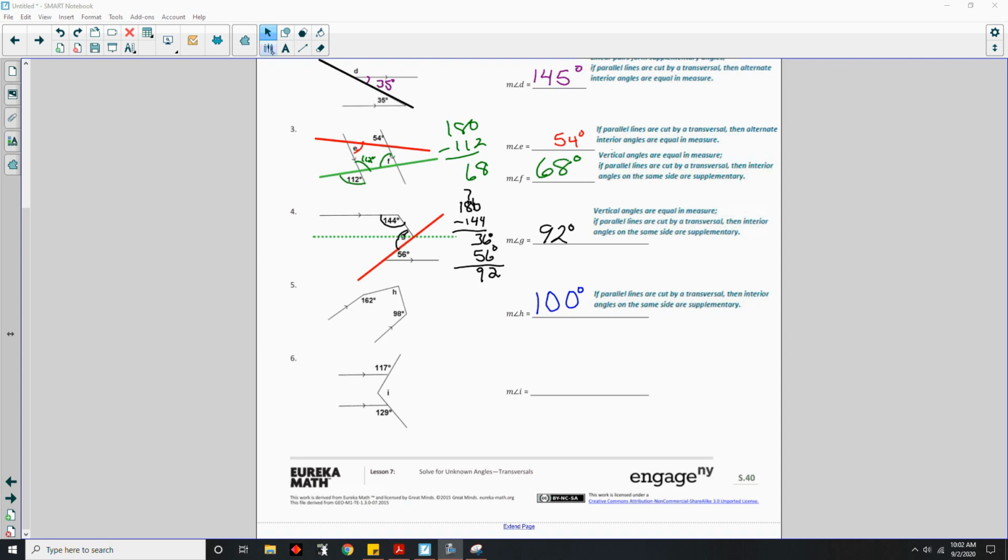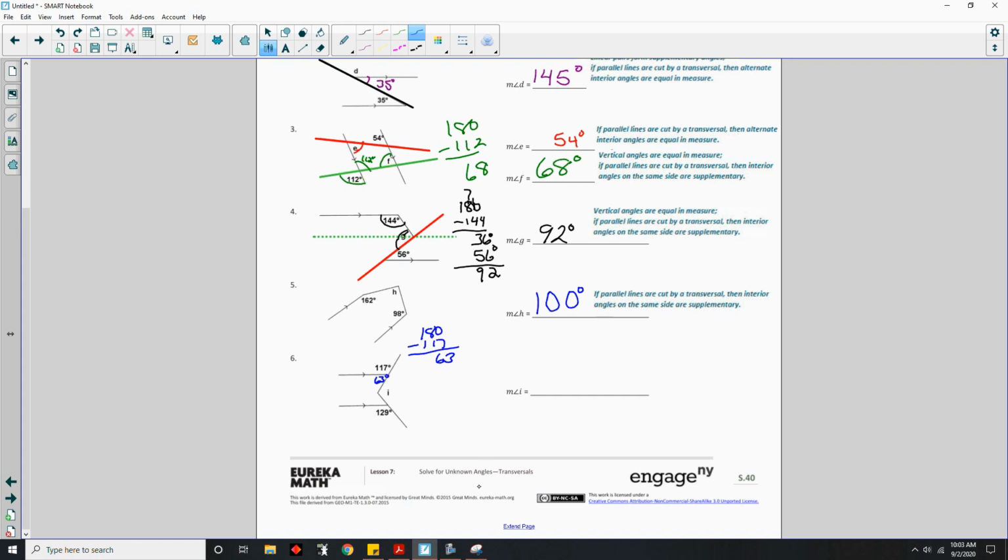Okay. For starters on this one, what we can do is, this is a line totaling 180 degrees, correct? So if I take 180 minus 117, I get its linear pair. 10 minus 7 is 3, 7 minus 1 is 6. So this piece is 63 degrees.